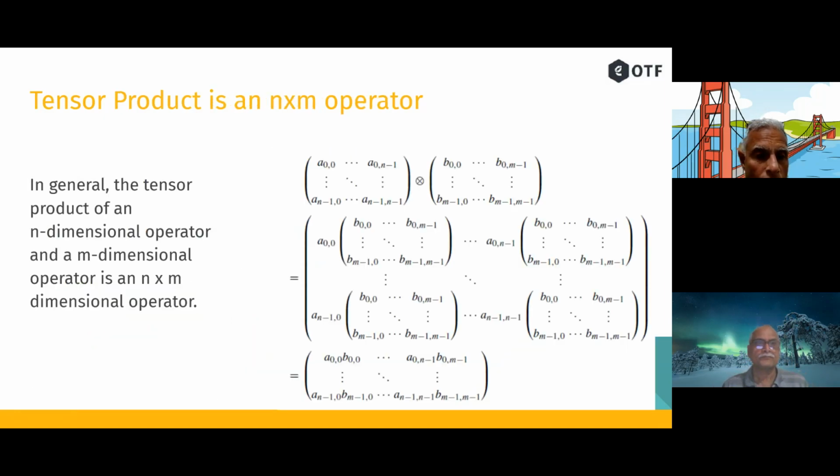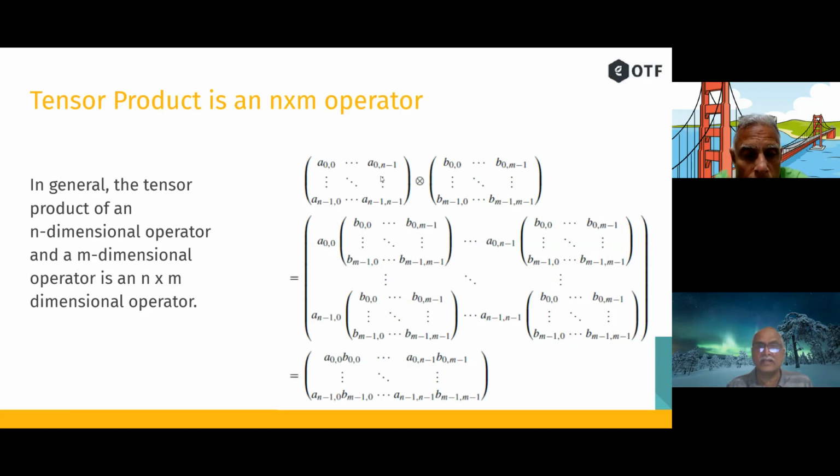So if you expand this and define the so-called tensor product with respect to a comprehensive n cross m space, then you have a tensor product which is realized as an n-dimensional operator and another m-dimensional operator, and that will give you an n cross m dimensional operator, right?